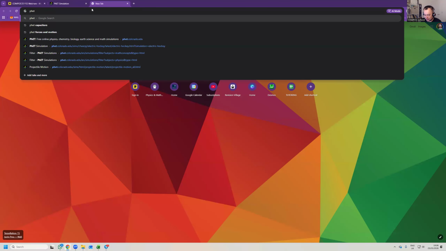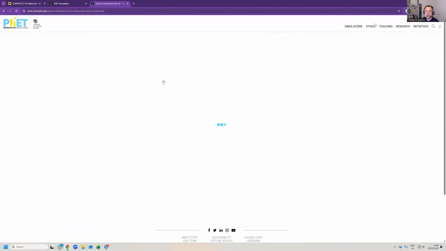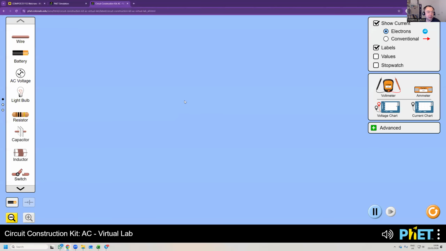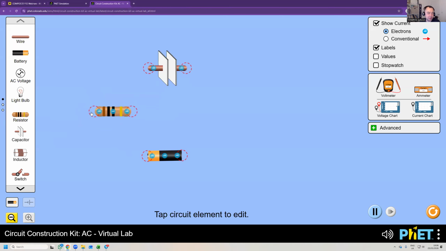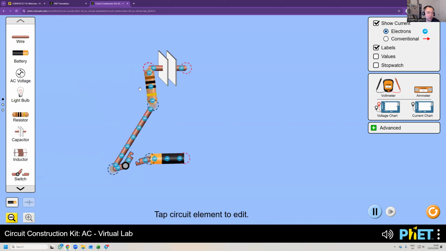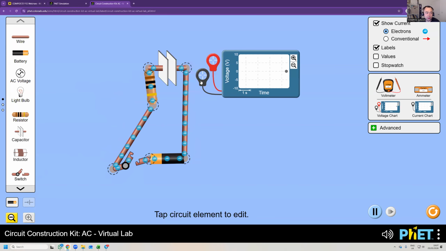So, AC circuits, and if you take a battery and a capacitor and a resistor, and take a switch and measure the voltage on the capacitor, and look what happens.